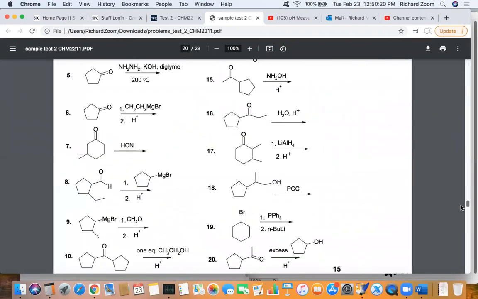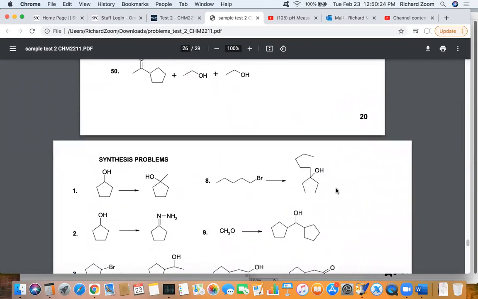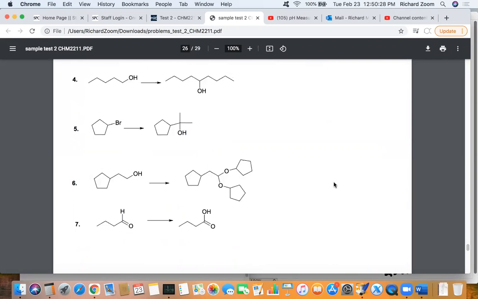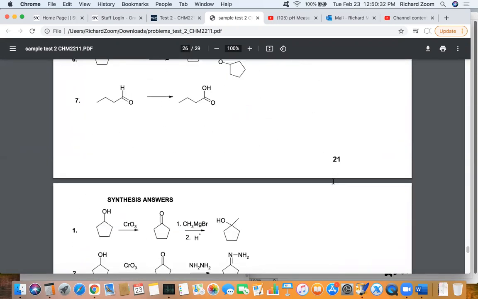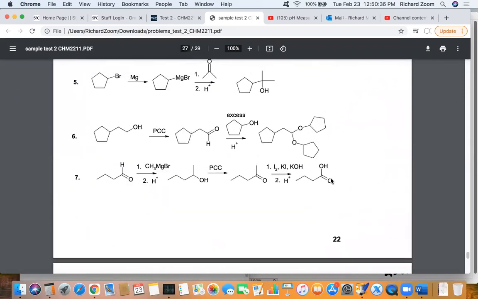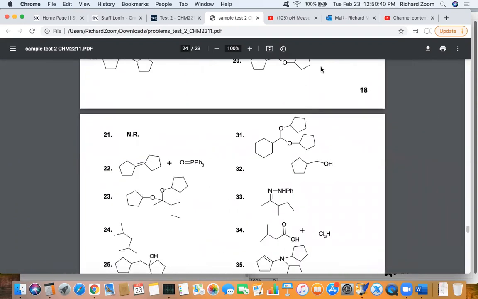Let's see if I can find it. I think it's after these. Here we go, synthesis problems. So these are some synthesis problems. Some of them are similar to the ones that we're looking at here, but they're good practice just for synthesis in general, I think. Those have answers on them as well.